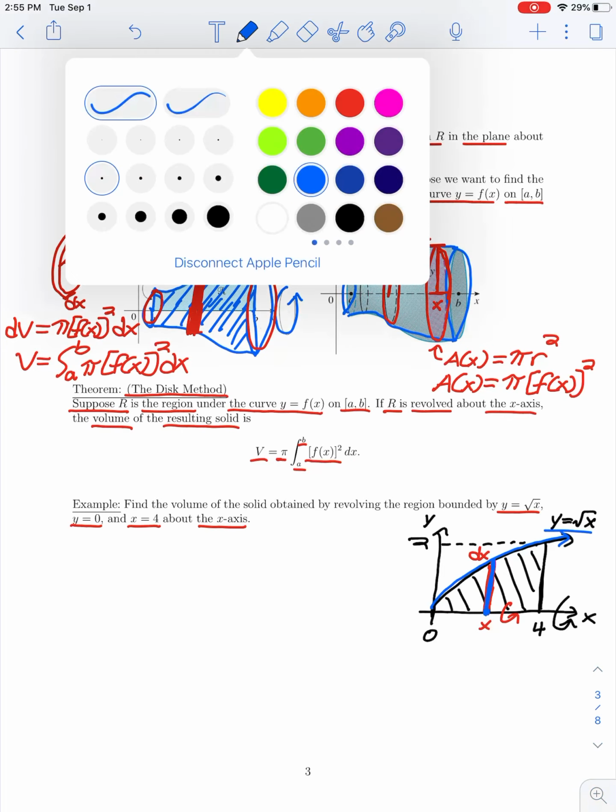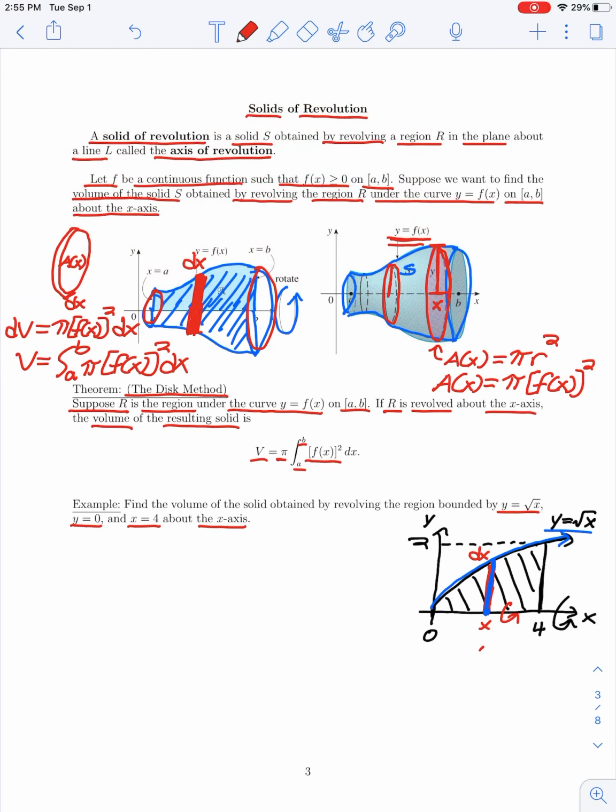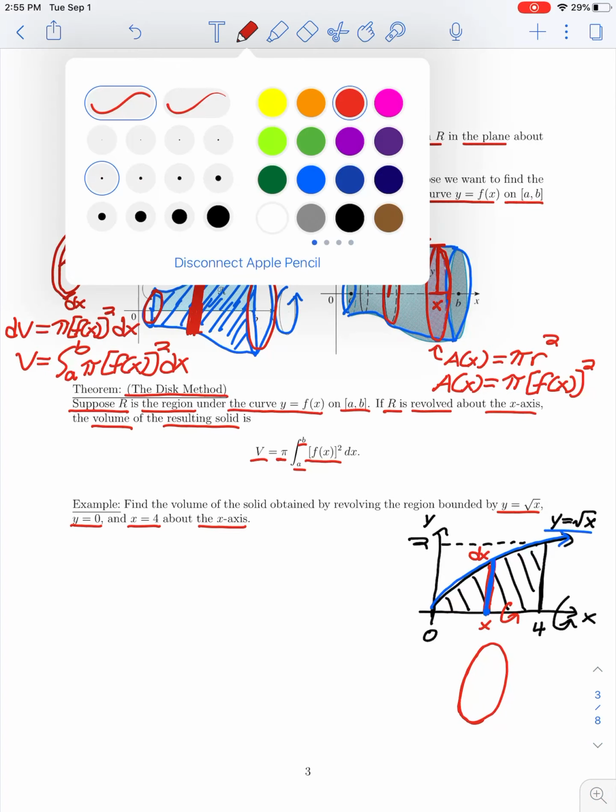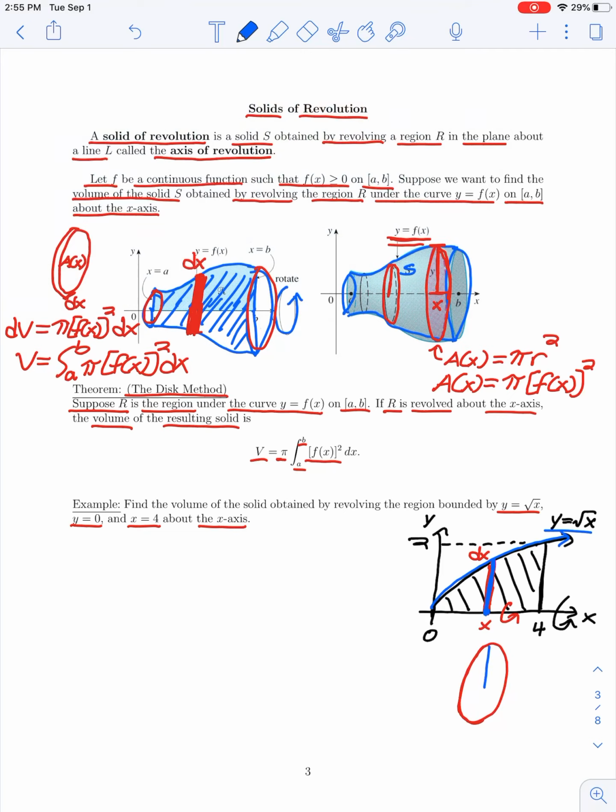So if we think about revolving that strip about the x-axis, we get this disk. And the radius of that disk would be the distance from the x-axis up to that outer edge, which is given by our function root x.